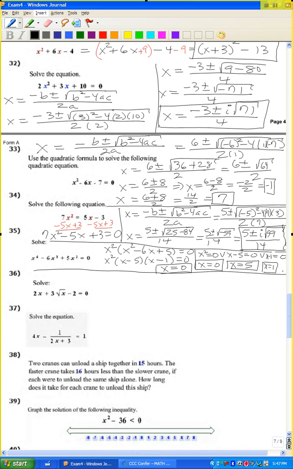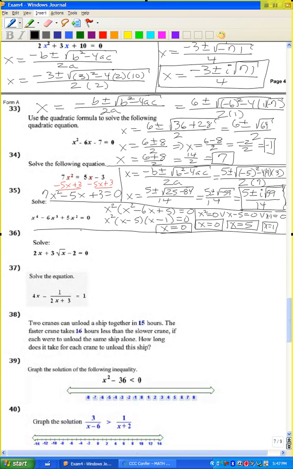Let me do problem 36. This is quadratic in form. And so I can factor this. This just factors into 2 radical x minus 1, radical x plus 2 equals 0.